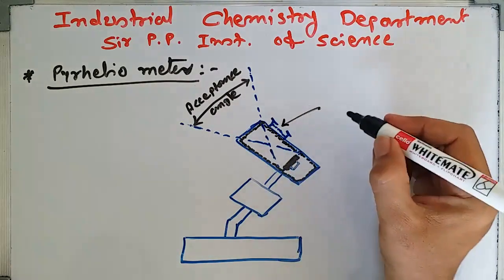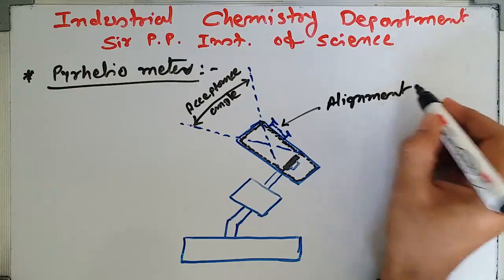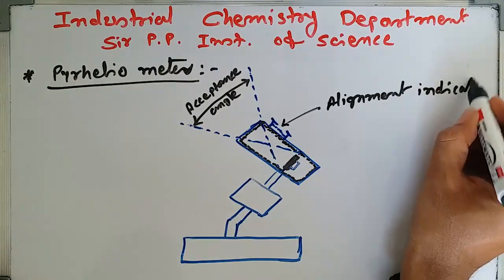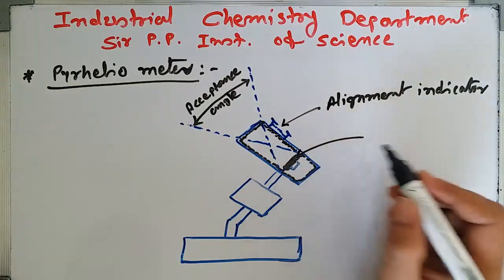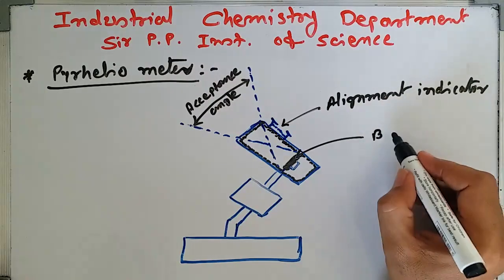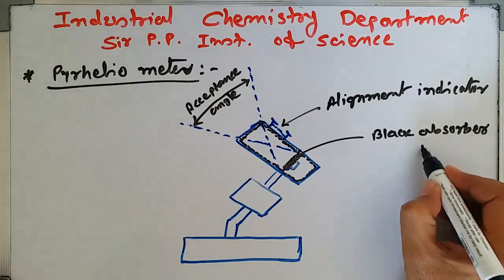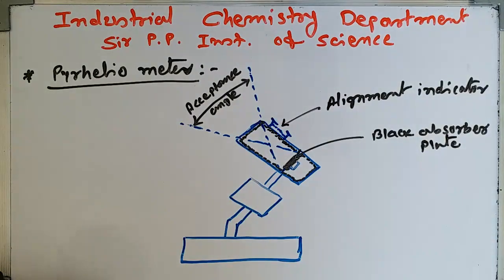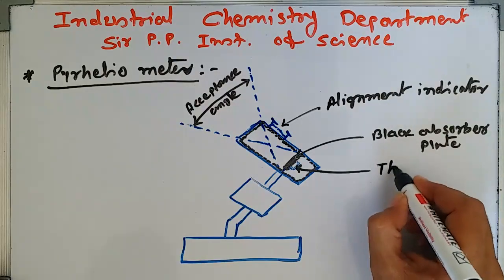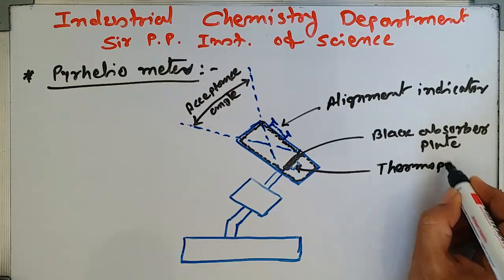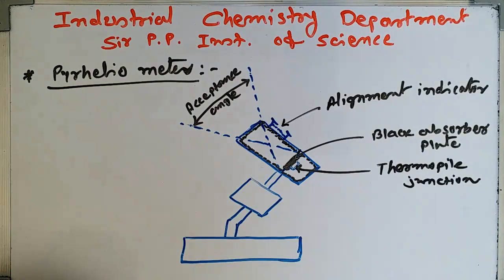This is the alignment indicator. This is the black absorber plate. This is the thermopile junction.